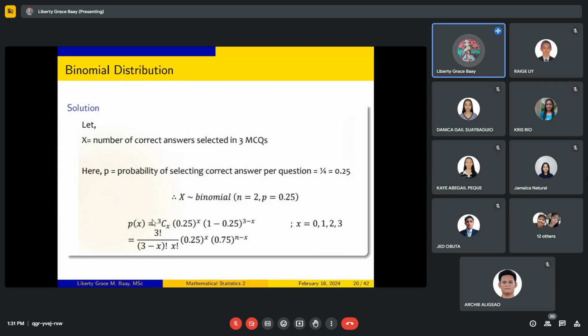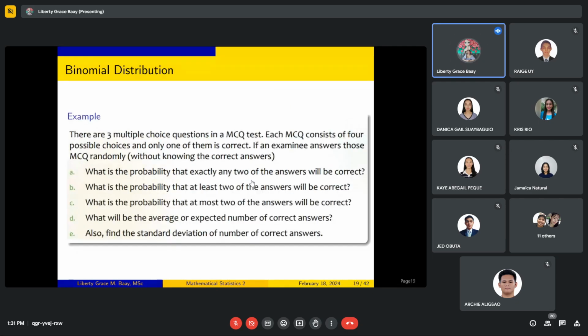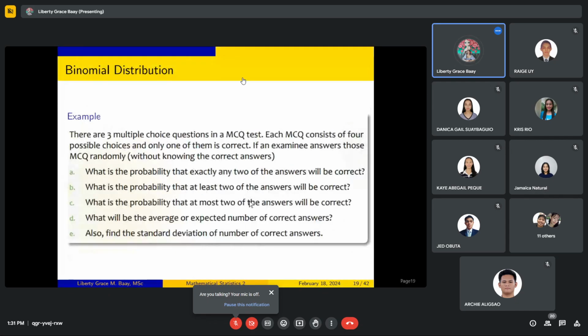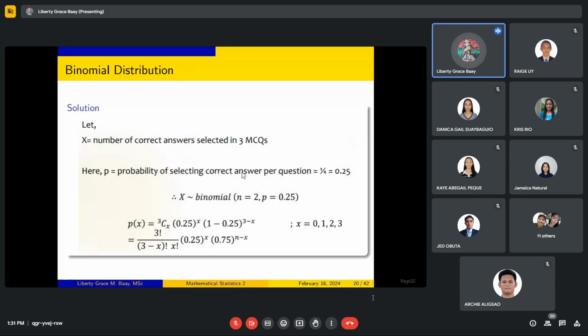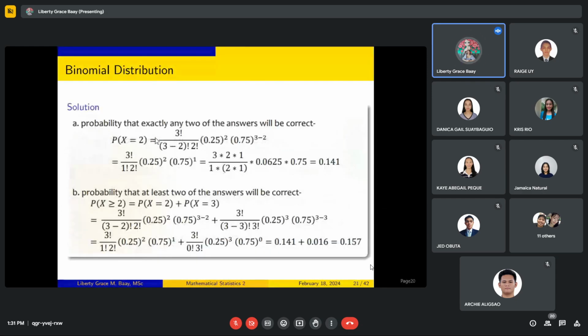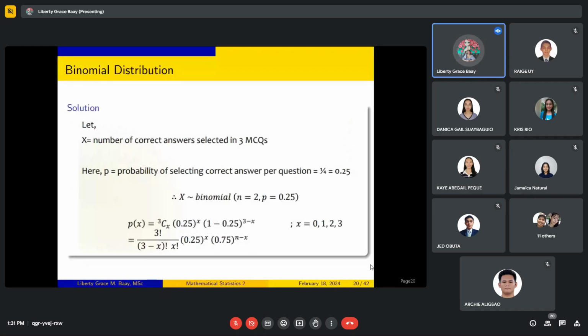Okay, so we substitute into the probability mass function. We just plug in the values. For letter A, exactly any two of the answers will be correct, so our x is equal to 2.